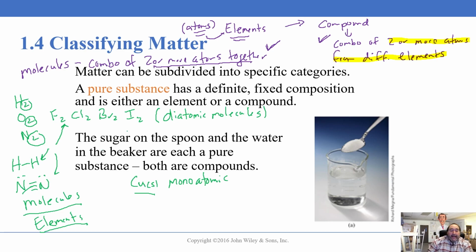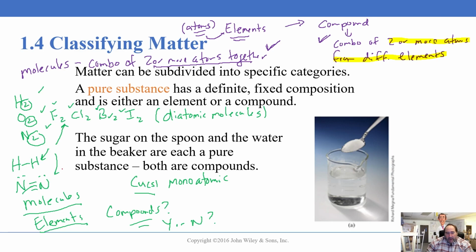Now, are hydrogen, oxygen, fluorine, chlorine, bromine, iodine, and nitrogen compounds? Take a moment and think about it. Are they compounds? Yes or no?